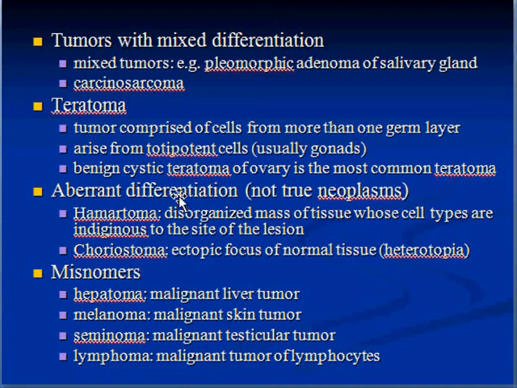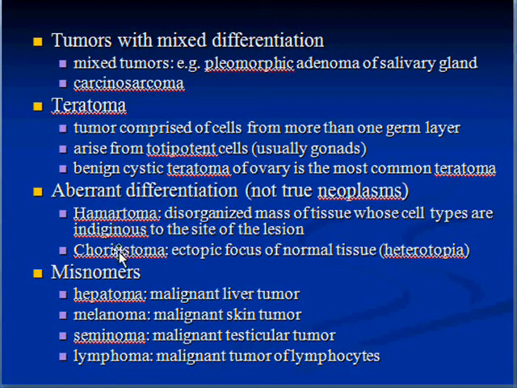Sometimes the word hamartoma is used, and hamartoma in no way is a true neoplasm. Hamartomas generally refer to disorganized masses of tissue whose cell types are normally indigenous to the site of the lesion.